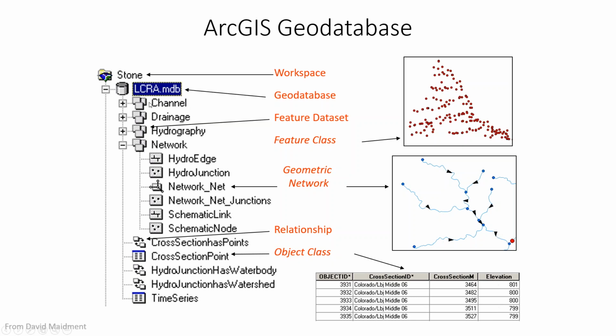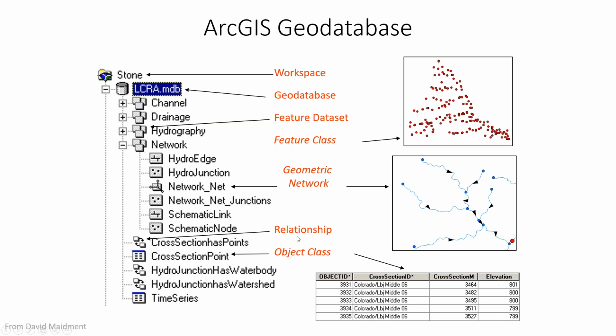Then within it you have feature data sets that are effectively collections of feature classes. A feature class is a single layer of similar objects, such as a set of points that maybe represent points of interest, stream junctions, for example, or something like that. They may represent a network that has flow direction associated with it.